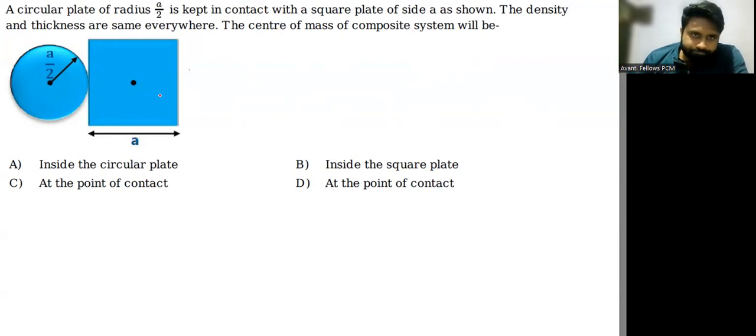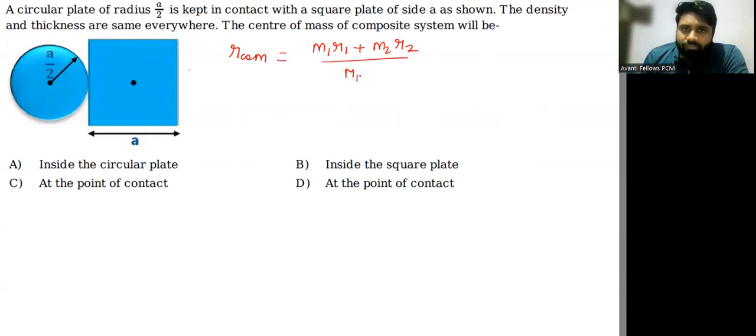Okay. So we know that the center of mass is nothing but m1r1 plus m2r2 divided by m1 plus m2. Okay.